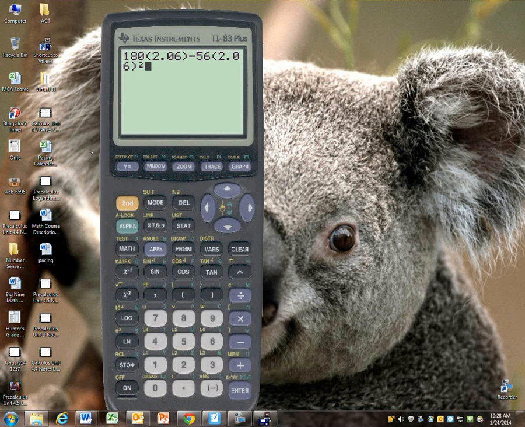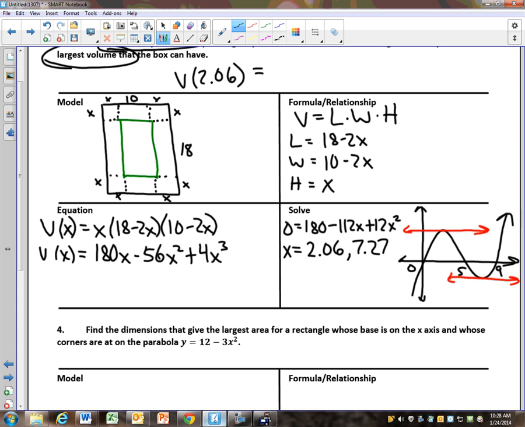Okay, you got it? 168? So 168.13 inches cubed is the largest volume that you can have.